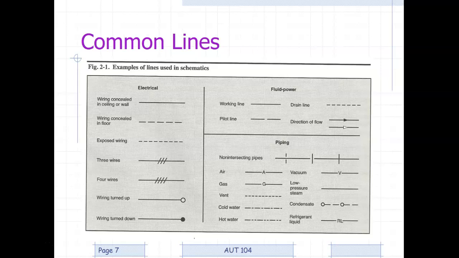Piping. You have non-intersecting lines. How do I know they're not intersecting? Well, because intersecting lines have a dot to them. Okay? And we'll discuss this more.